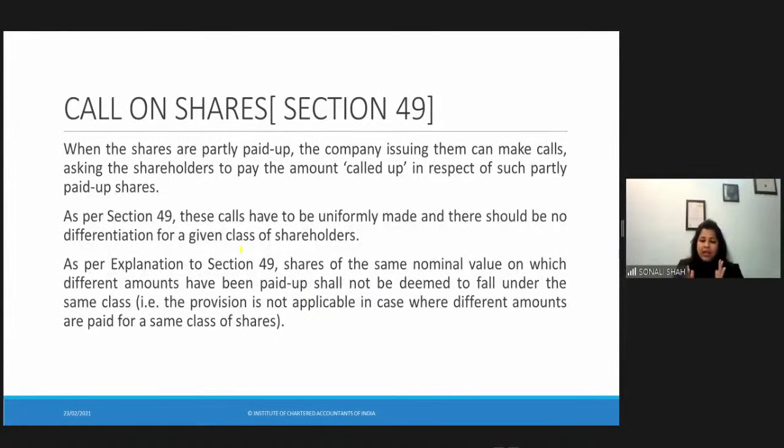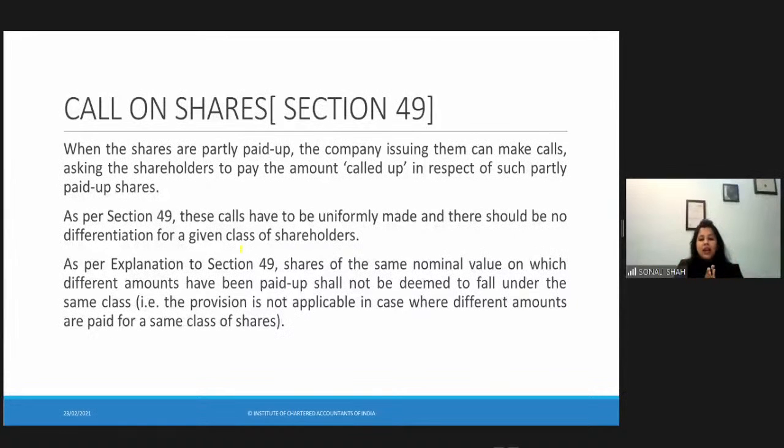There could be cases where different amounts have been paid on the same shares. In that case, they will not fall in the same class. Let's say there are 10 shares issued for rupees 10 each. On 5 shares, the amount due is rupees 4. On the remaining, the amount due is 6. So they will be considered as 2 different classes of shares.